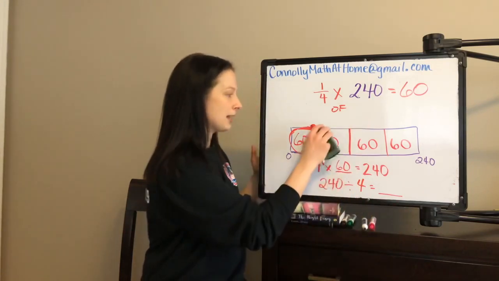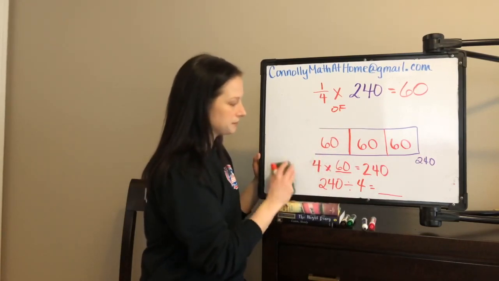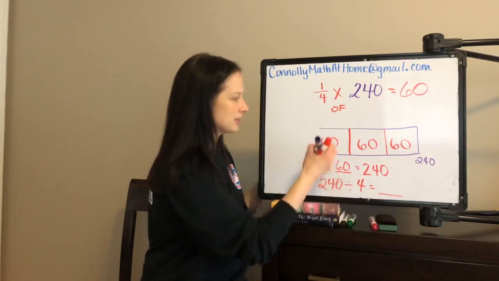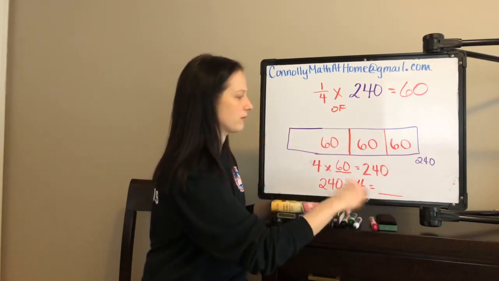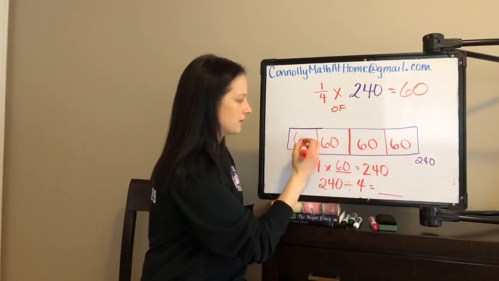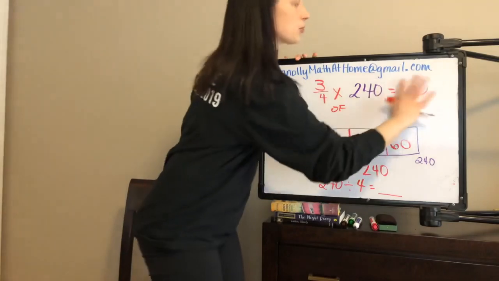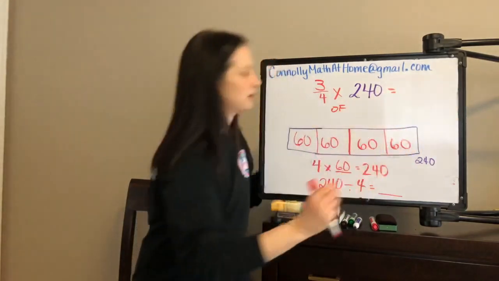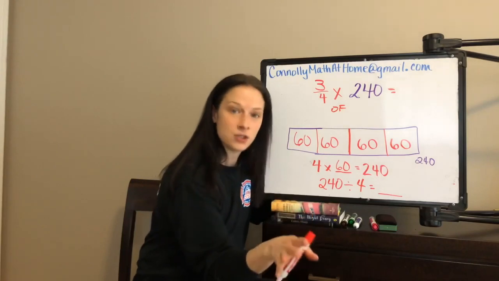All right, so I'm just going to redo my first fourth here, because I want us thinking about, what if I go more than 1/4? What if I go 3/4 of 240? So we already did a lot of this work.